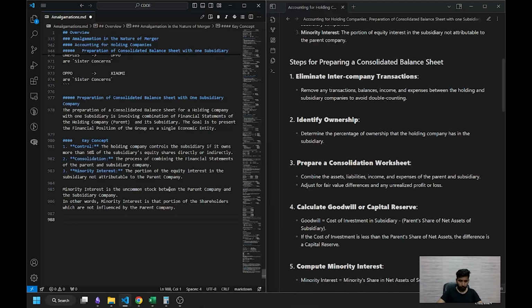Let us move ahead and talk about the steps for preparing a consolidated balance sheet. First of all, we eliminate intercompany transactions. How?